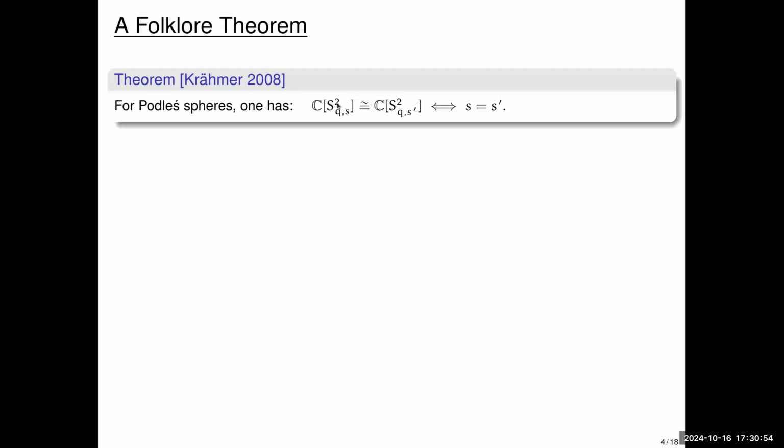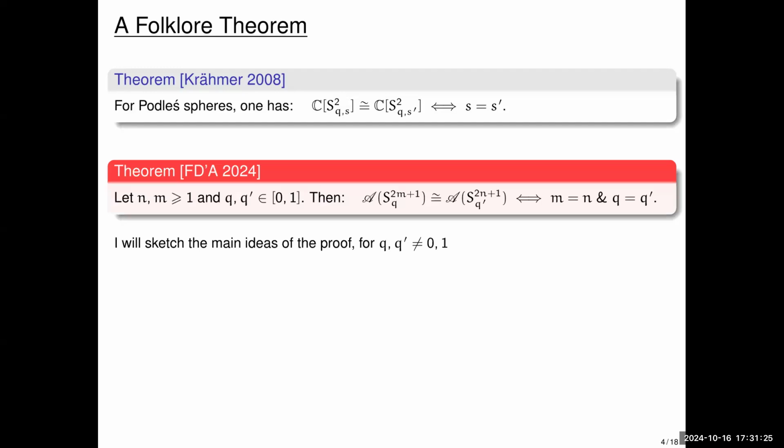Besides q, there is an extra parameter, denoted here by s. What he proved was that for a fixed q, the sphere with parameter s and the one with parameter s prime are isomorphic if and only if s is equal to s prime. This is a result in the direction I want to go. You have independence on the second parameter, but I guess that with the same kind of proof you can prove independence on the first parameter.